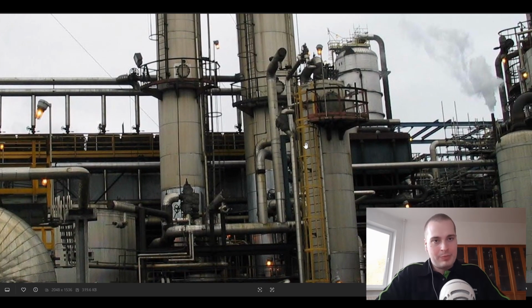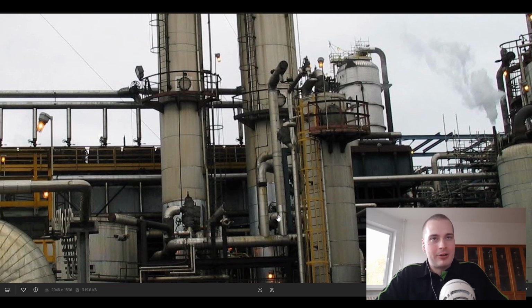So what's interesting is I actually just noticed this plant was built a long time ago, right? 67. What I'm seeing here, I think I'm seeing a dead leg. So this little pipe that goes up and then just ends here, this is what we normally call a dead leg, and it's essentially a part of the piping system that was used back in the day, but nowadays it's abandoned.